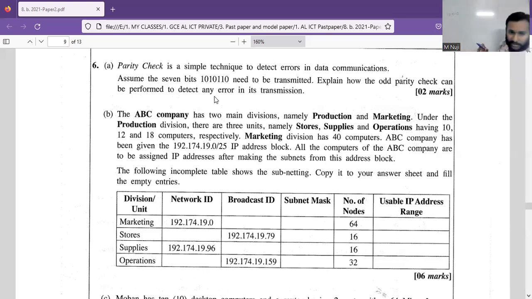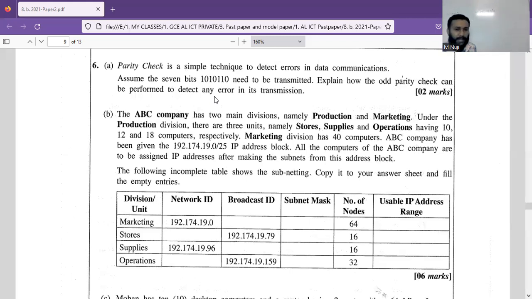After that there is your IP address, which is 192.174.19.0/25. So this is the IP address, and they have given the scenario.